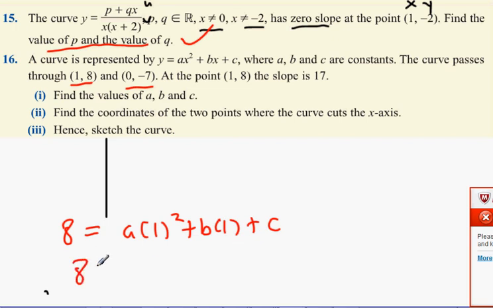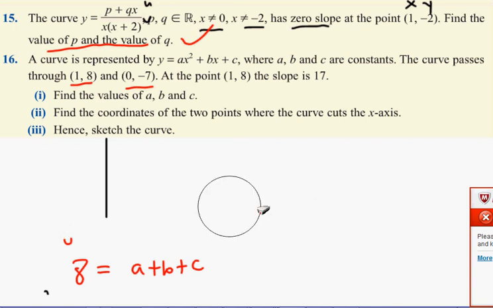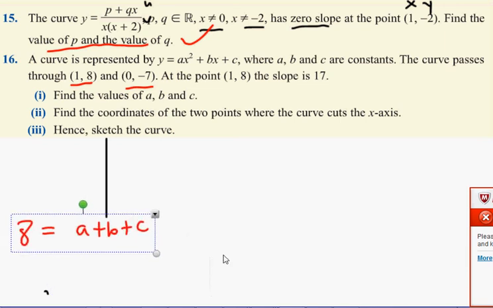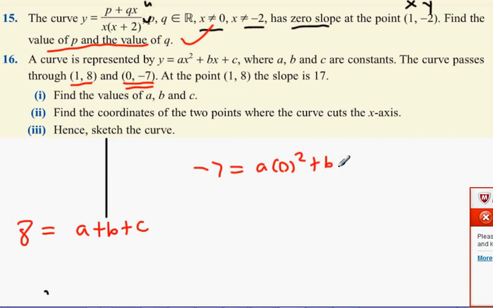And this equation will be 8 equals a plus b plus c. There's my first equation in very little time. Okay? Second one is when x is 0, y is minus 7. Minus 7 equals a times 0 squared, plus b times 0 plus c.